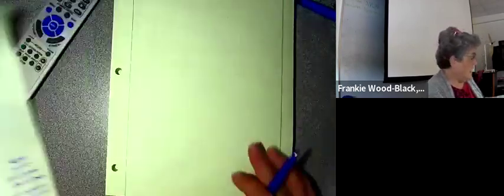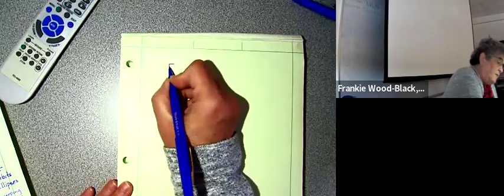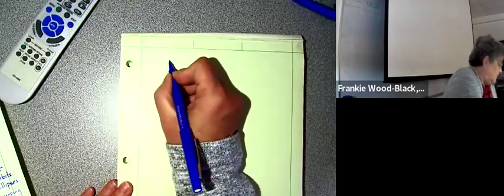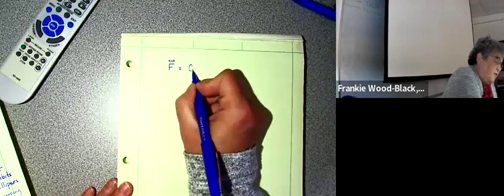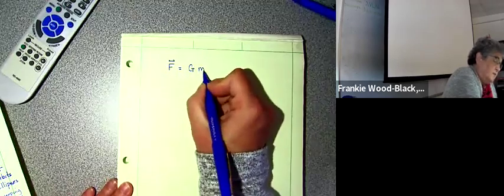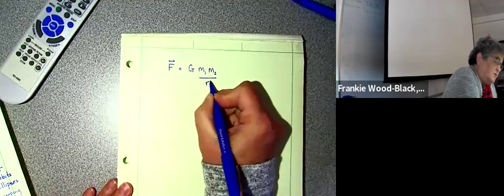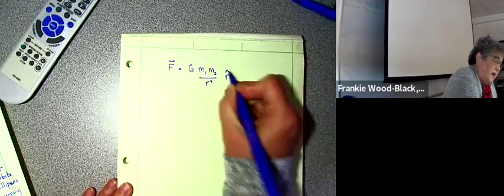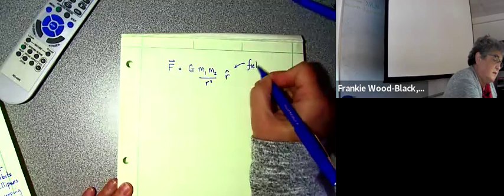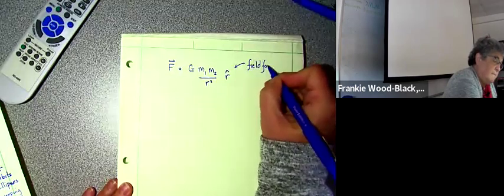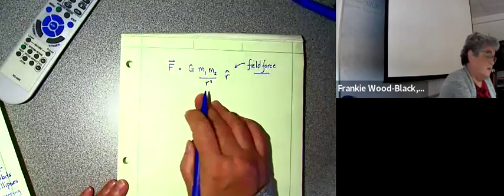And when he does that, we can rewrite this universal law of gravitation. And this gets us into our field force situation. So if I have one object, another object, and the radius squared, and this is along the radius because this comes from our field force. It comes from our field force.